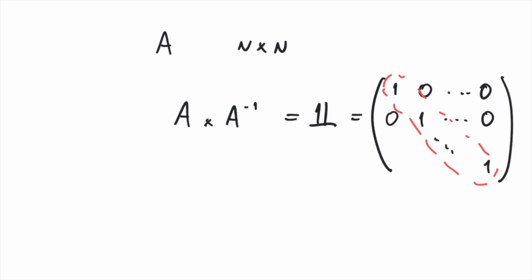Now, this will be defined only for square matrices and only when something we call the determinant of A is different from 0. So just like you cannot divide by 0, you cannot divide or multiply by the inverse of a matrix that has 0 determinant.